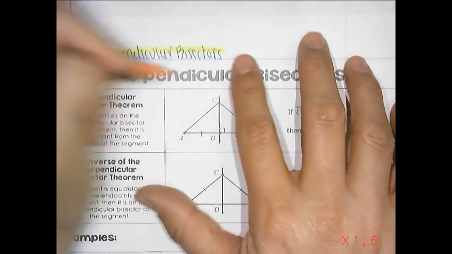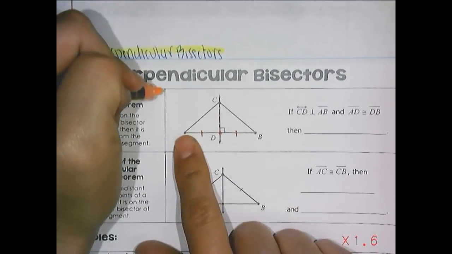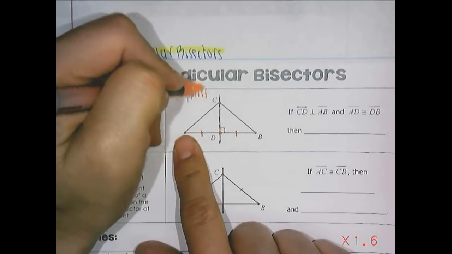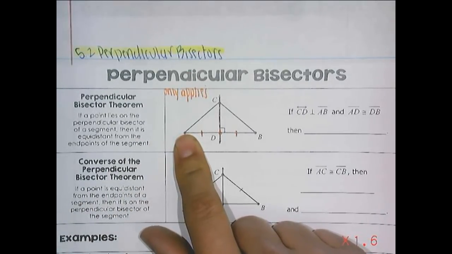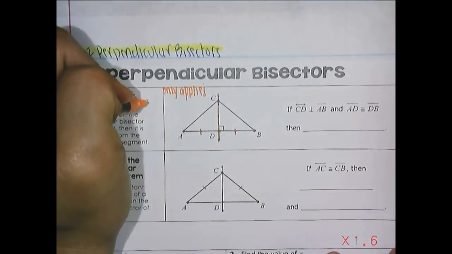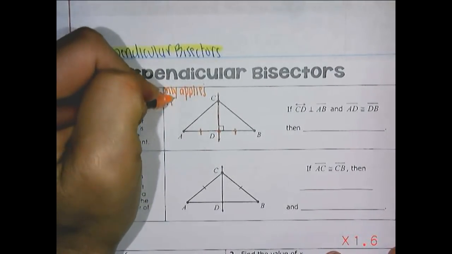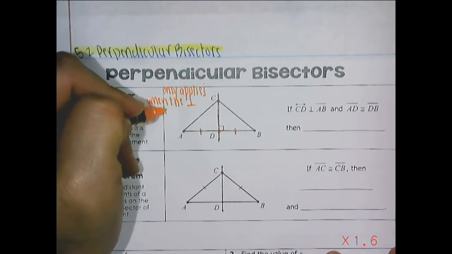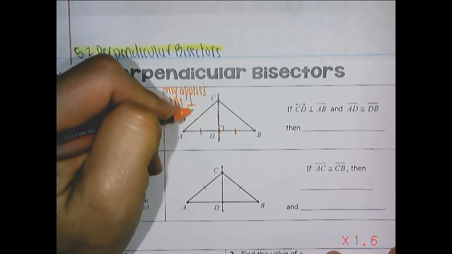The important thing to know about this is it only applies when the perpendicular bisector goes through the vertex of the triangle.